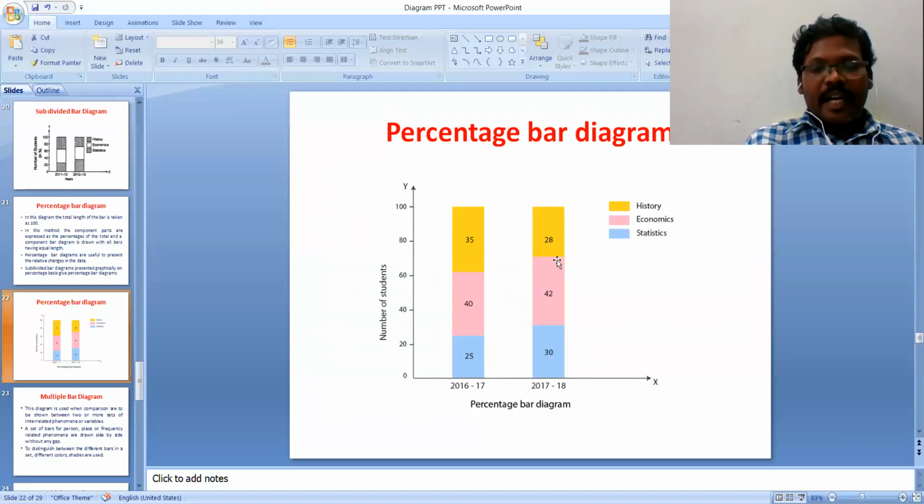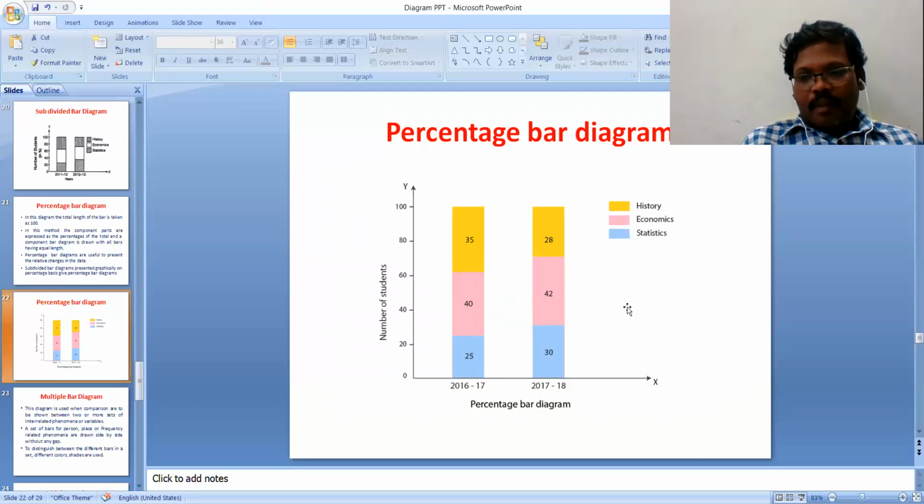That means comparatively the enrollment in economics and statistics increased, but the enrollment in history declined. That is what we can explain by observing this particular aspect.